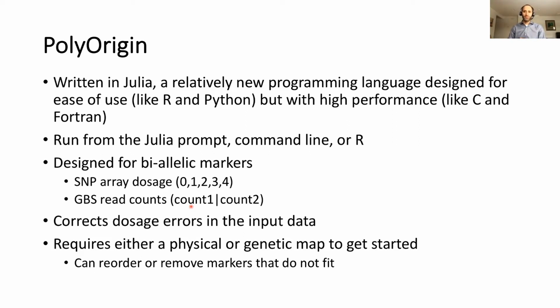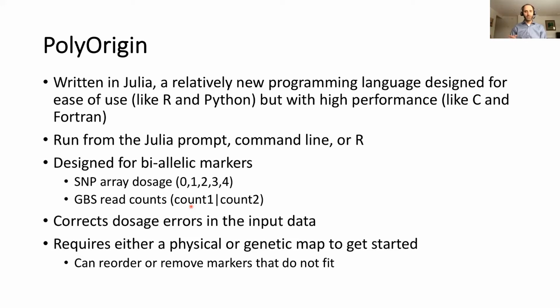And this software is designed to be used, I'd say, when you're at a more advanced stage of working with your species than if you're trying to construct a linkage map for the first time. So if you're working with a single F1 population and you don't even have, say, a map for your markers yet, this is not the right software. This software assumes that you either have a reference genome that's of fairly good quality.